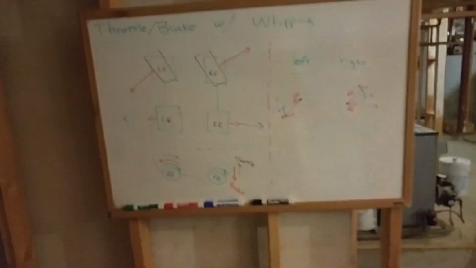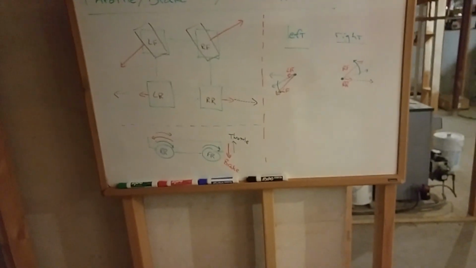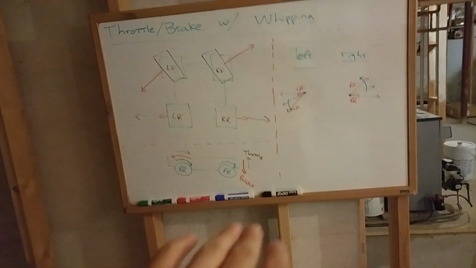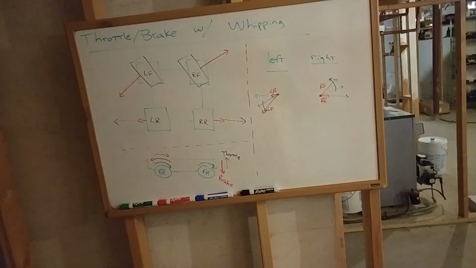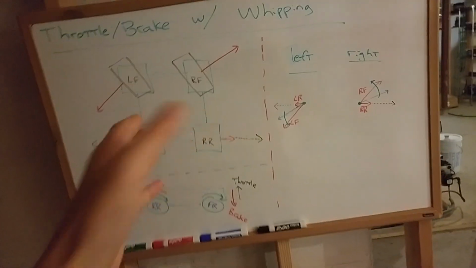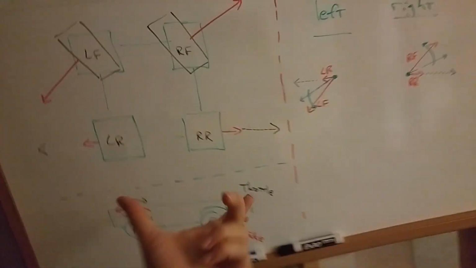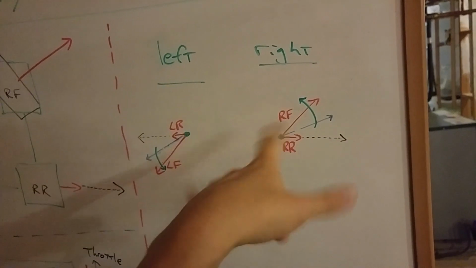And so if you want to accentuate the whip in a two-wheel drive buggy or truck, you go off the jump, apply brake as soon as you can, and then turn away from the jump and forward to the jump, and that will basically eliminate the effect of the rear wheels in disturbing, if you will, or influencing the total angular momentum that the car has on the left and right sides, okay?